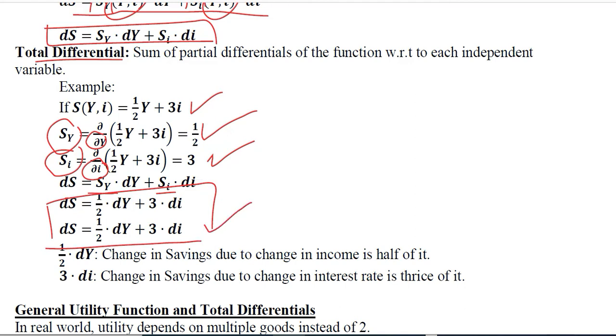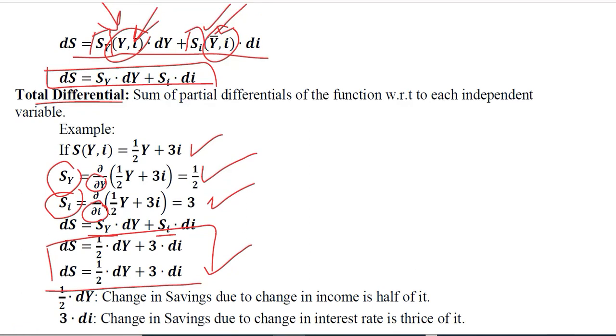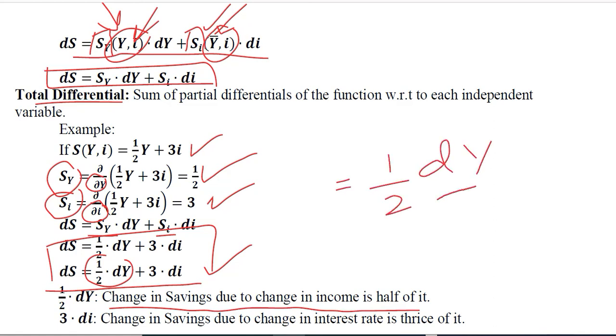So, we get the total differential of the savings function, which is equal to this. Now, we can interpret this because the first part shows the change in savings due to change in income. Whatever change is brought in the income, we divide it by 2, that is, make half of it, and we note it.